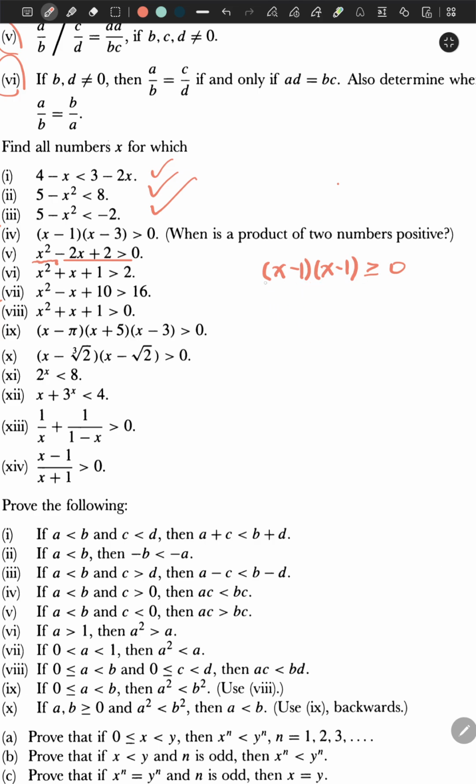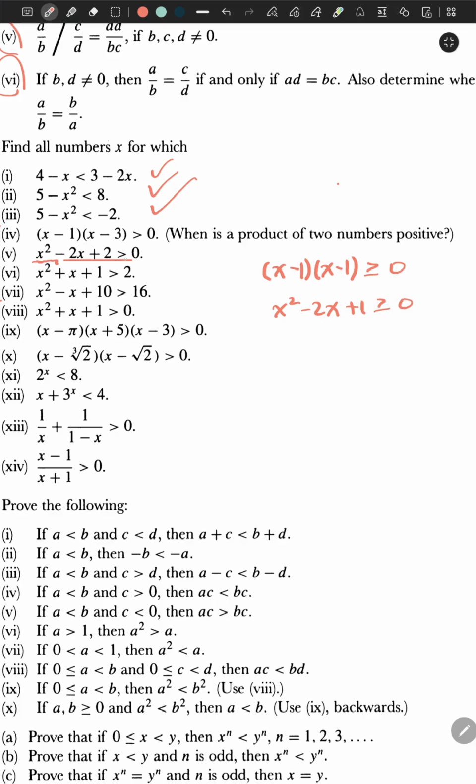But also when this term is negative, times negative is positive. So by what we just proved before, this is also positive, right? And we need to consider how this expands. So this is x squared minus 2x plus 1, right?